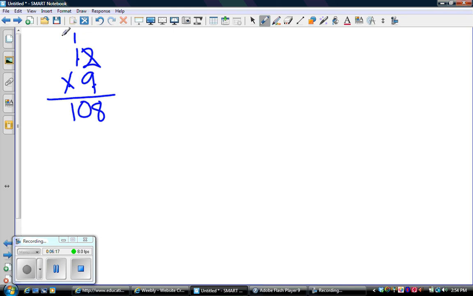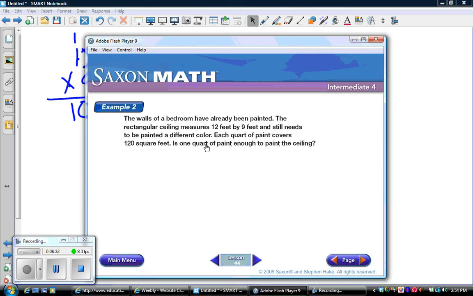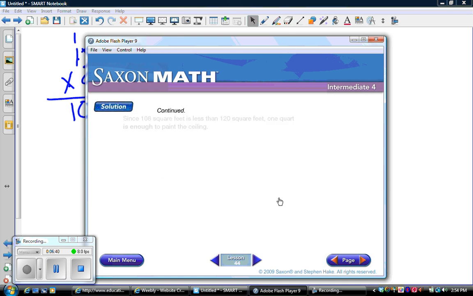So you're going to add on whatever amount that you carry. You do multiplication here, and then you add on whatever's carried. So 108 square feet is the area of that ceiling. And the question is, if a quart covers 120 square feet, is 1 quart enough? And yes, it is.